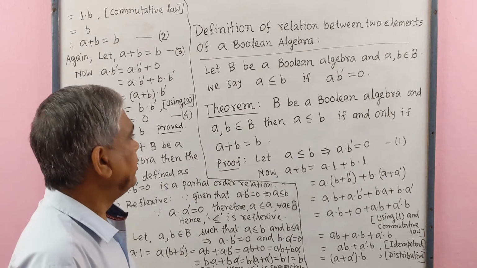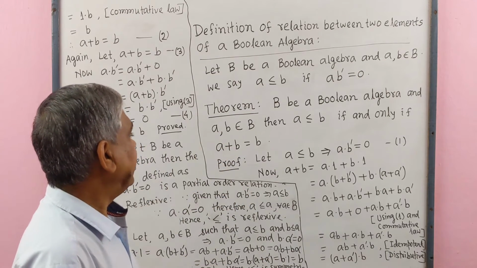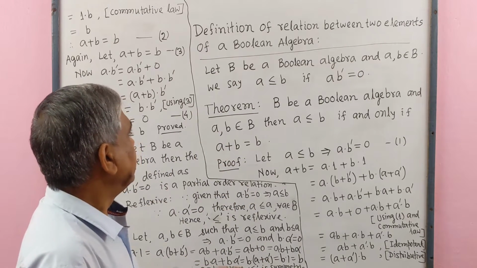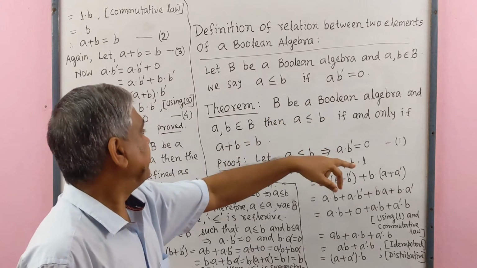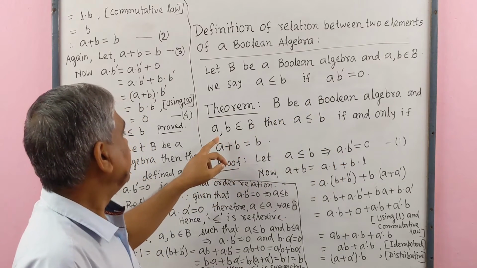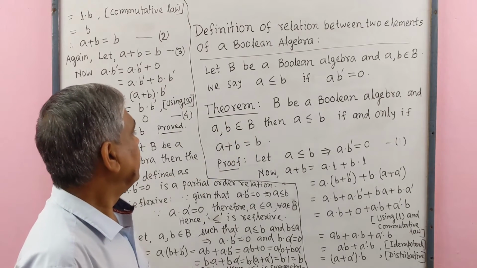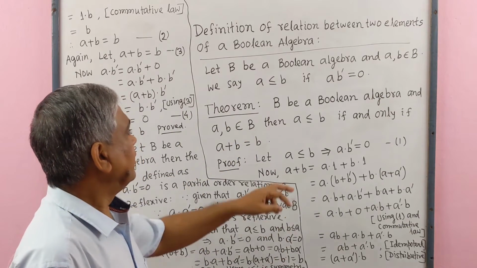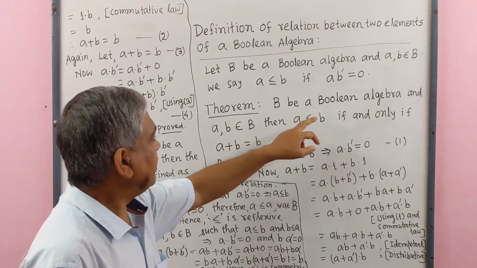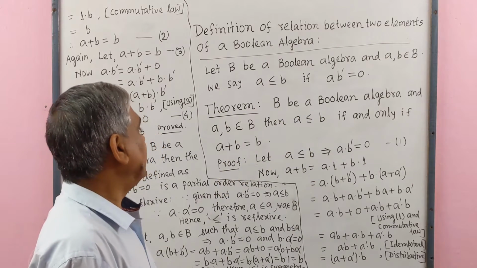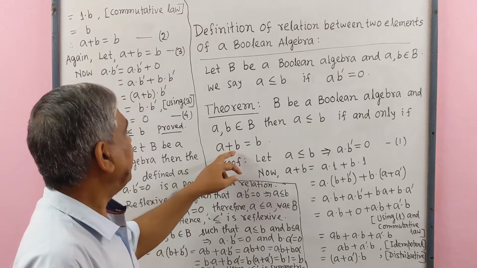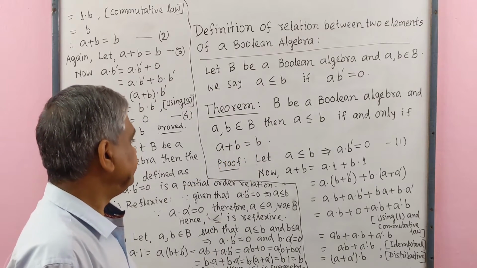Now we prove a theorem: let B be a Boolean algebra and a, b belong to B, then a is related to b if and only if a plus b equals b.